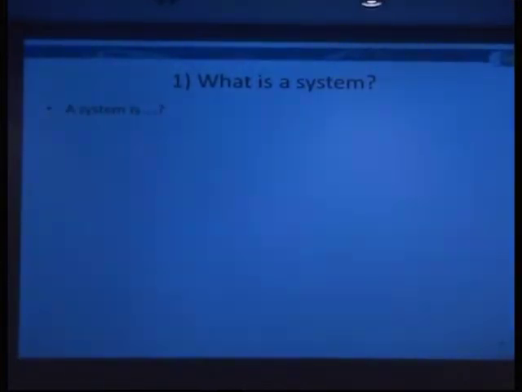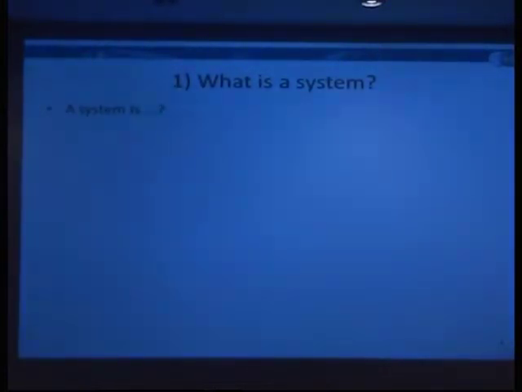Maybe a collection of things with some distinct character that are interactive. Yeah. How would you define a system? It's something with multiple components which interact with each other, but there's also something which flows across components.